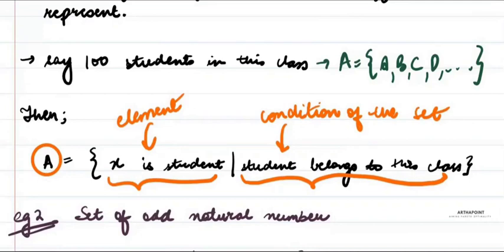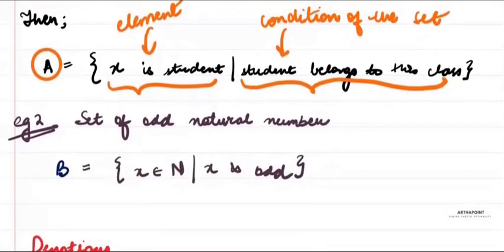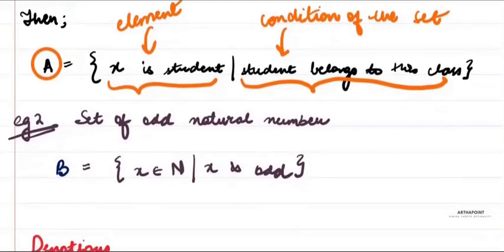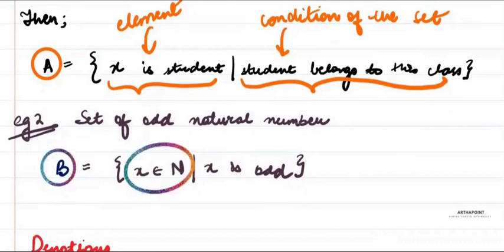Let's take more examples. So I want to understand the set of odd natural numbers, which means my set B can consist of natural numbers. That's the bigger thing. Like student is a broad horizon, right? All the students. But among those students, which students? Who attend my class.